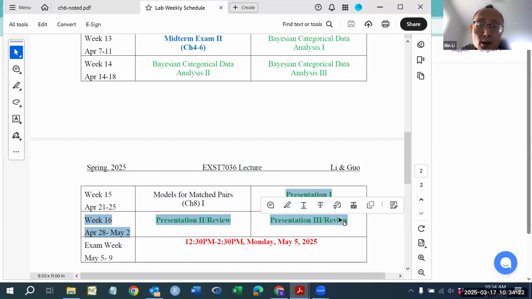You can use the exercises and data sets from the textbook, or data sets from research, but it should be a categorical data analysis, and you should use at least one of the methods that we talk about this semester. But if you want to use some other method outside this class, that's totally fine.